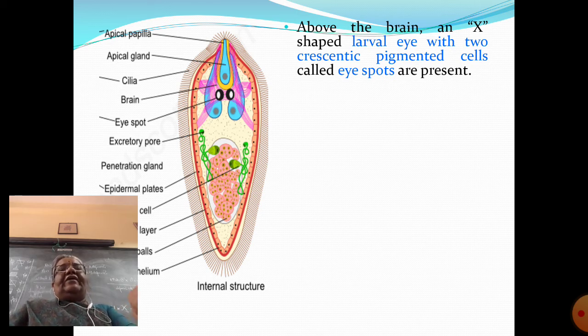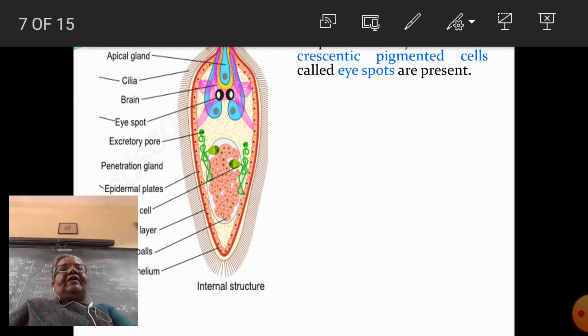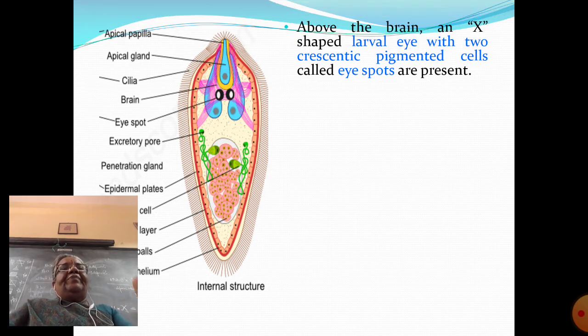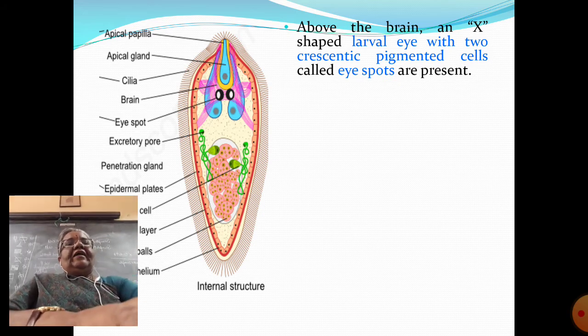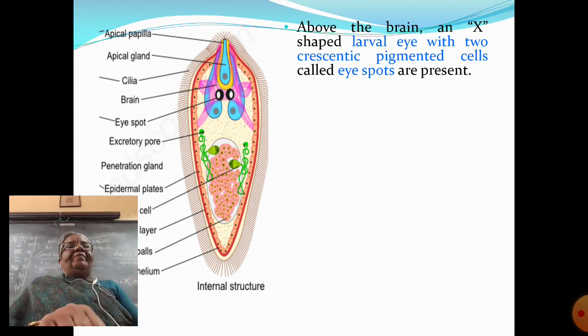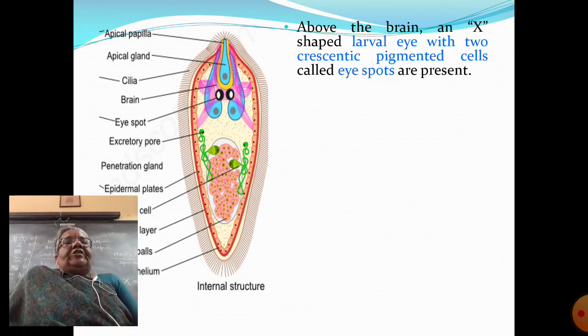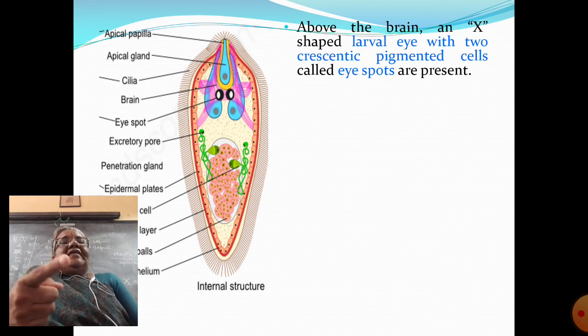You can make out there labeled as eye spots. So above the brain you find an X-shaped larval eye, a photoreceptor structure, with 2 crescentic shaped pigmented cells which are called eye spots.